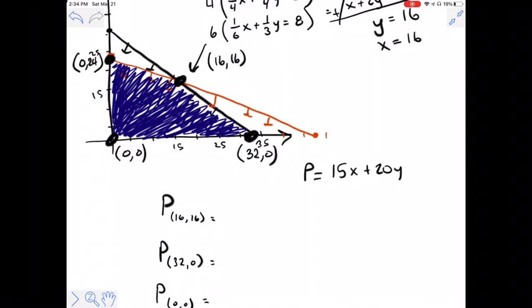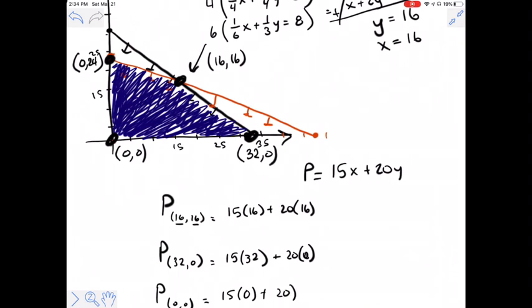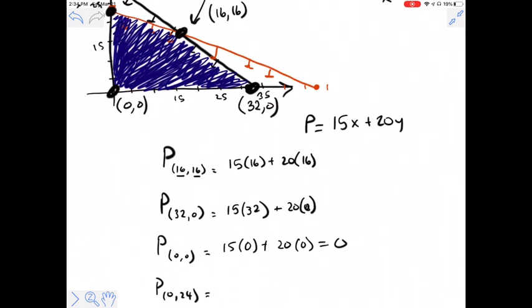So for x equals 16 and y equals 16, this is going to be 15 times 16 plus 20 times 16. This one's going to be 15 times 32 plus 20 times 0. This one's going to be 15 times 0 plus 20 times 0, which we can already determine is going to be 0. The last one is 15 times 0 plus 20 times 24.